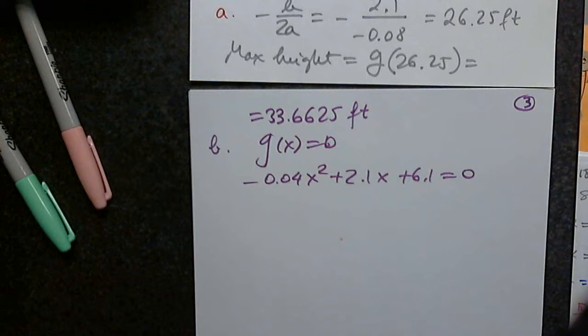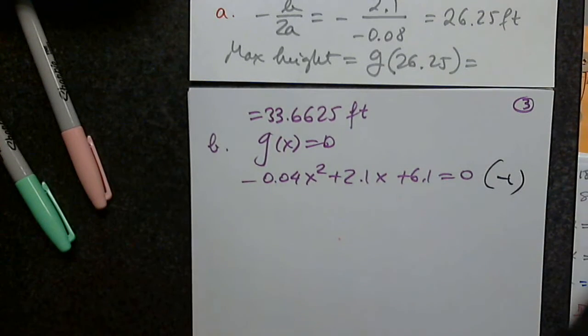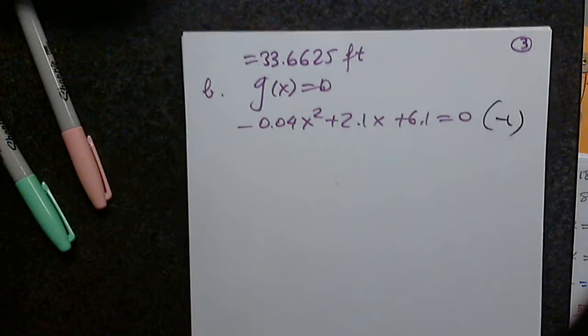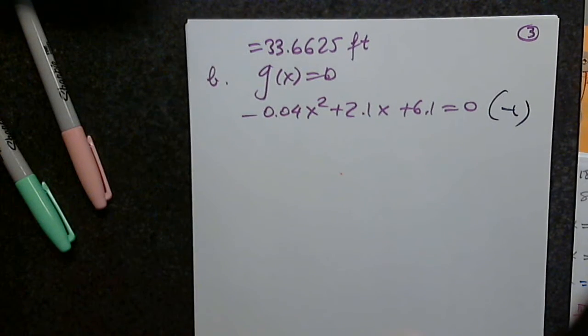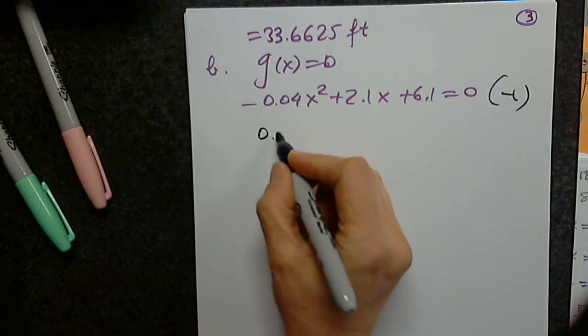However, I claim that this is not ready for quadratic formula. What do you think I am going to do? You may not want to do it, but I will do it. Yes, please, Marcus. Exactly. I refuse to solve a quadratic equation with the quadratic formula with a negative leading coefficient. I agree.